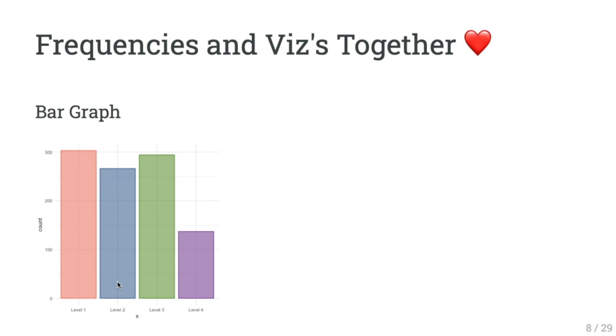So in this case, we have this variable called x, and it has 4 levels. Really quickly, just by looking at this figure, I can know that level 4 is the lowest of all of them, really fast. Didn't take hardly any thinking on my part to understand that. I also know pretty quickly that level 1 and 3 are roughly the most, and level 2 is pretty close to those as well.